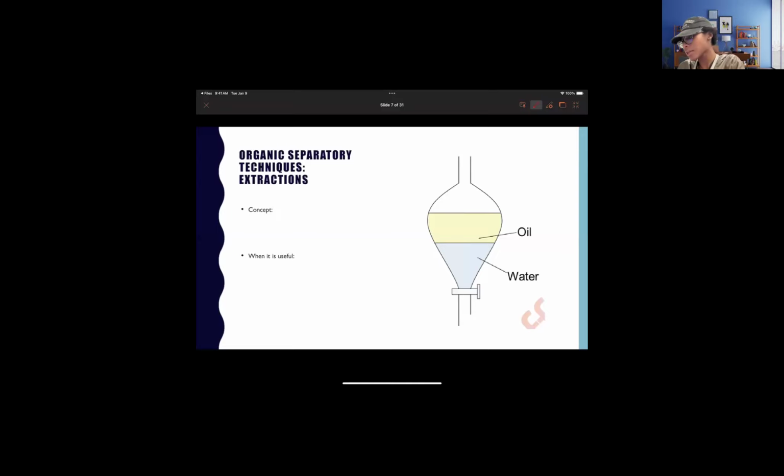So oftentimes you'll have an organic and an aqueous phase separation. What types of compounds or liquids do we expect to see in the organic versus aqueous phase?